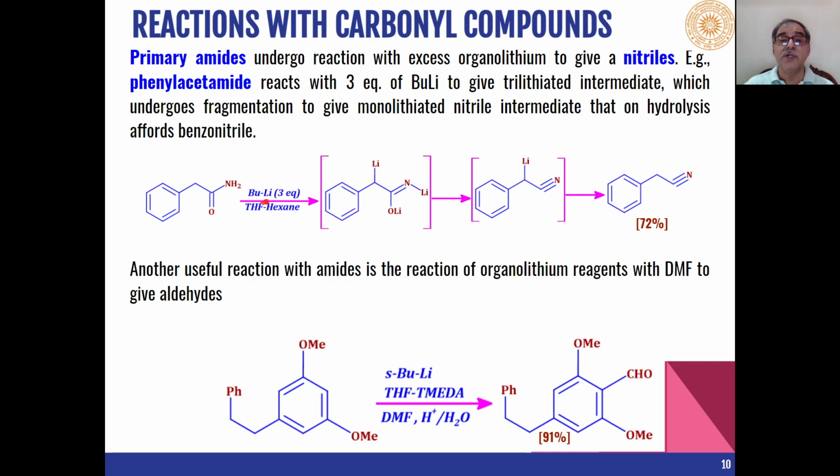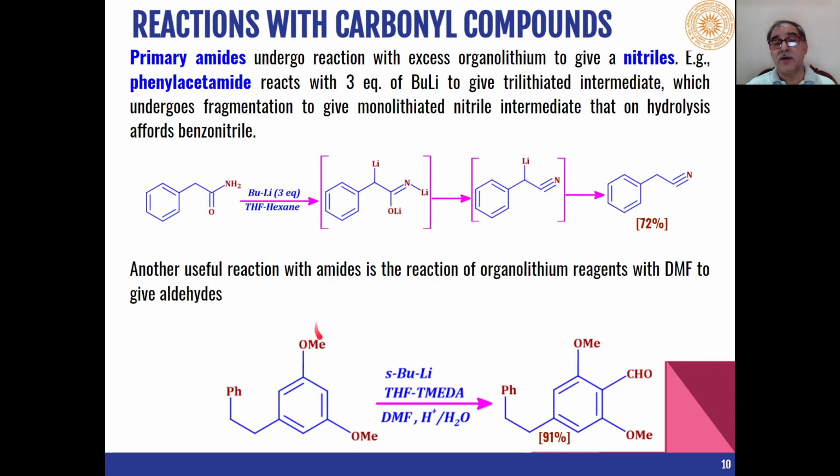For example, three equivalents of butyl lithium react with these primary amides, and we will get these types of intermediates where three equivalents of lithium will add to these positions, and then this will undergo elimination of lithium oxide from here, and this monolithium nitrile will be formed, which then undergoes hydrolysis to give us nitriles as the product. So amides can be converted into nitriles using organolithium compounds.